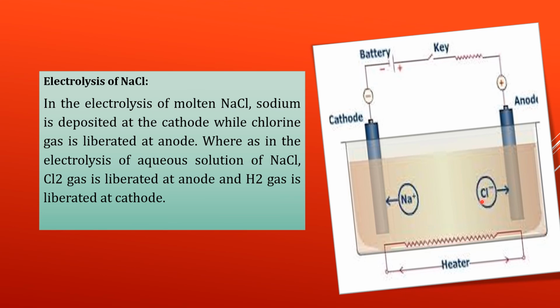At the same time, Cl minus or anion will go to the anode and donate one electron to the anode. Then it will form only Cl, that is an atom. After that, two chlorine atoms will be added together and form a chlorine molecule, so Cl2 gas will be obtained at the anode. Everything is there, battery, key, everything.